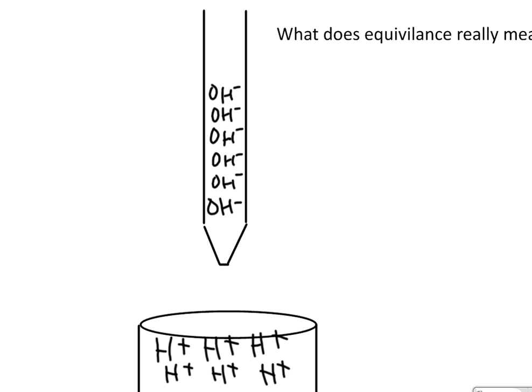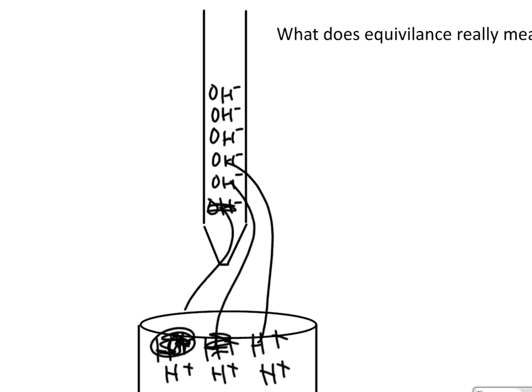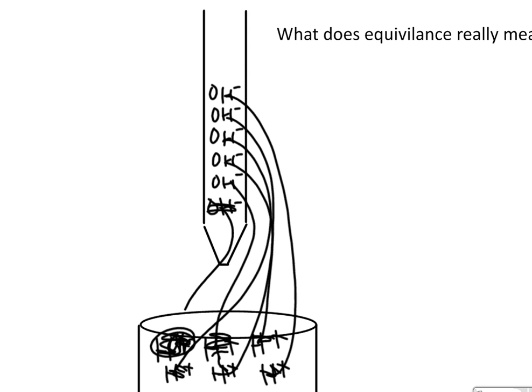So what happens when we do a titration is you add an OH, and the OH drops in. You get HOH, and you make water. So you turn that into a water molecule. There's 1. Then I drop another OH in, 2, 3, 4, 5, 6. At that point, the moles of the H plus equal the moles of the OH minus.